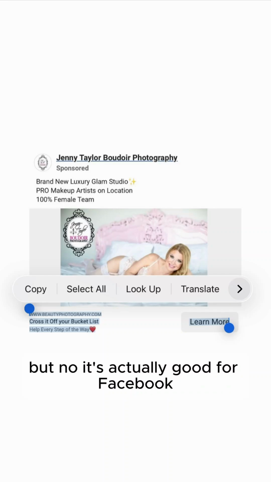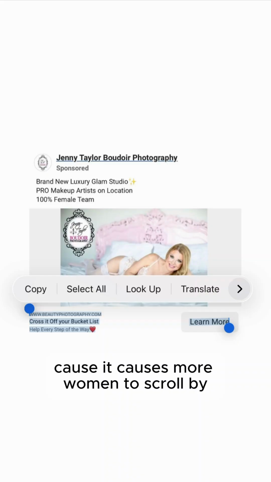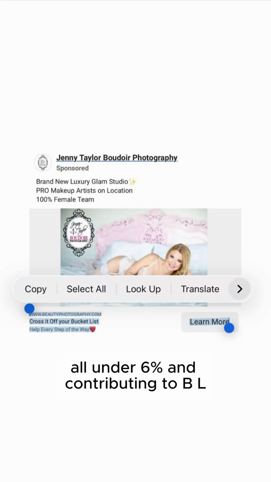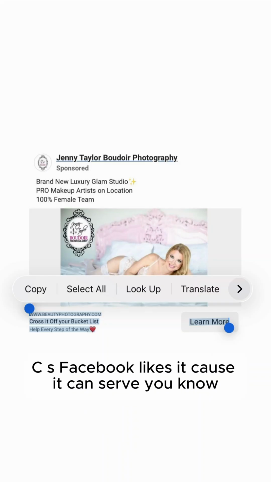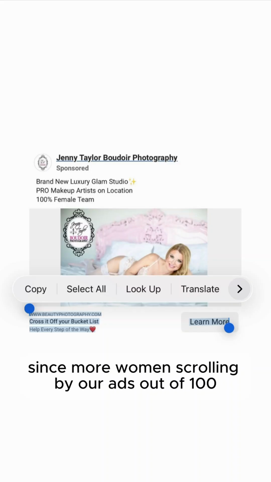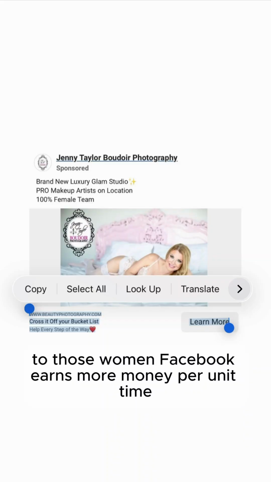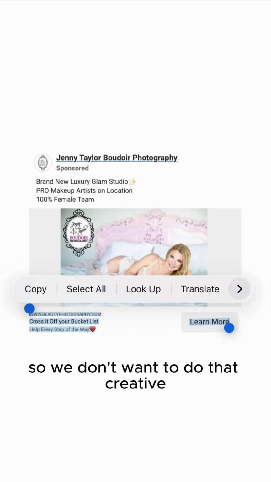But no, it's actually good for Facebook. It's bad for us because it causes more women to scroll by our Boudoir Facebook ads, pulling our unique CTR under 6% and contributing to BLCS. Facebook likes it because with more women scrolling by our ads out of 100, Facebook can serve more ads per unit time to those women. Facebook earns more money per unit time. So we don't want to do that.